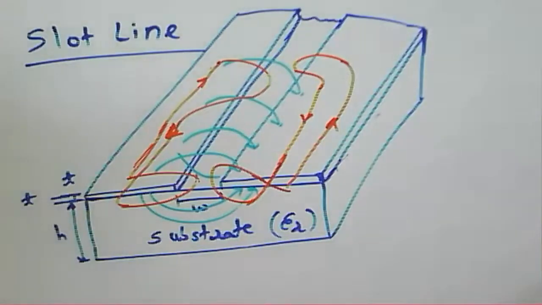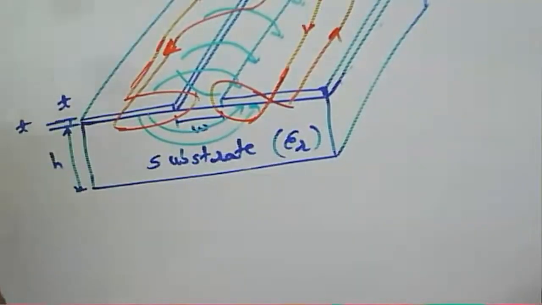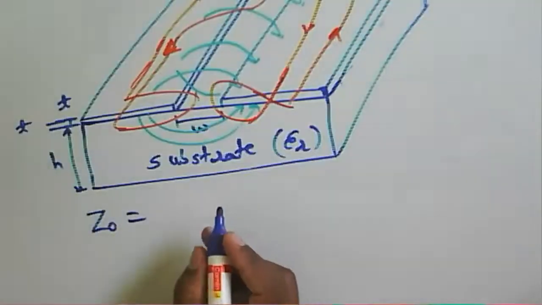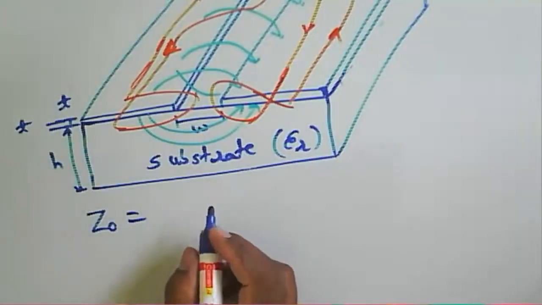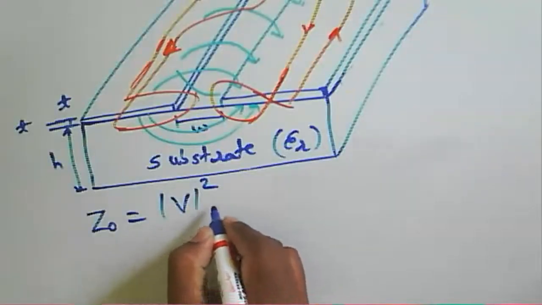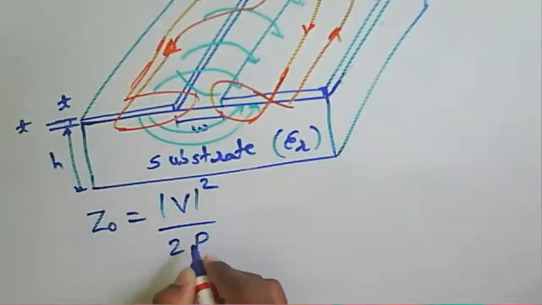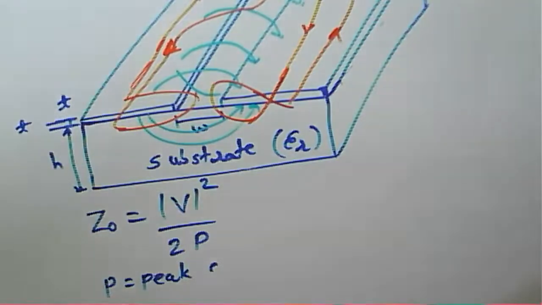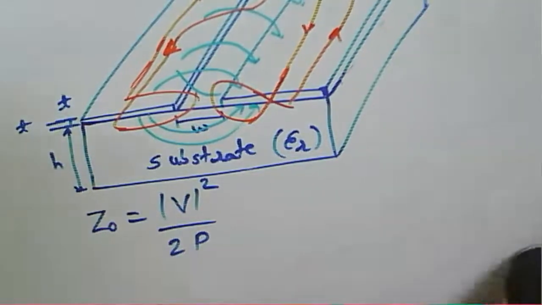So we can write the characteristic impedance of the given line: Z0, the characteristic impedance of the transmission line, is equal to the voltage we apply divided by the power P. And P is nothing but the average power.